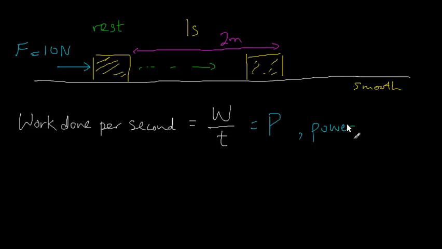So this is one way in which this quantity called power can be defined in physics. So in this example, if I want to calculate the power that I apply to the box, I would take the work done and divide by the time.